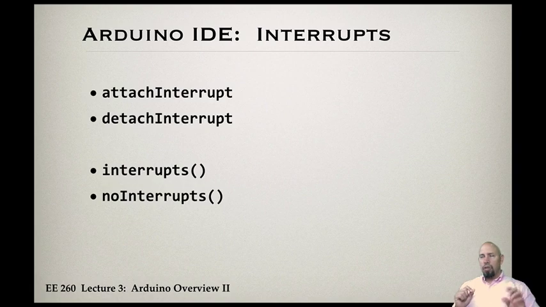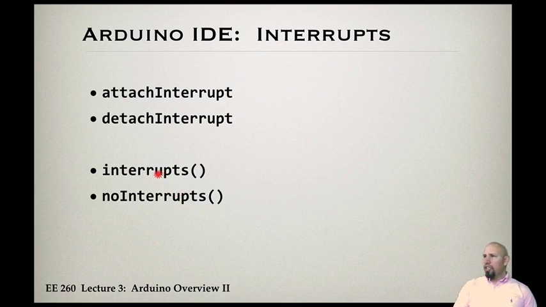And then you can also detach it. So you have a particular function that's going. Perhaps at some point your function is pretty complex. For a while you want to use one service routine when you get an interrupt, and then later on you may want to use a different interrupt service routine. And so you can attach this one, and then when you're done with it, you detach it and attach the other one. And so you can do that kind of stuff.